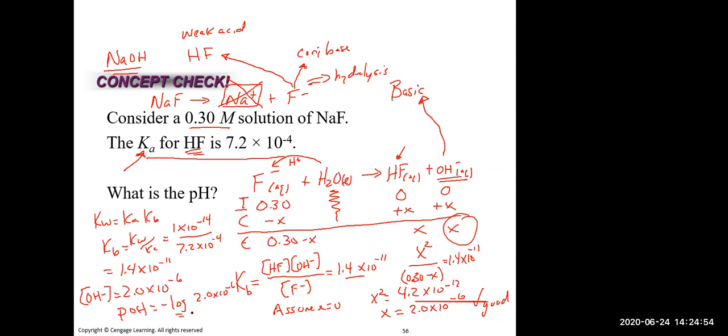And our pOH would be 5.70. That means that our pH would be 14 minus 5.70, and we got something like 8.30 as the pH.